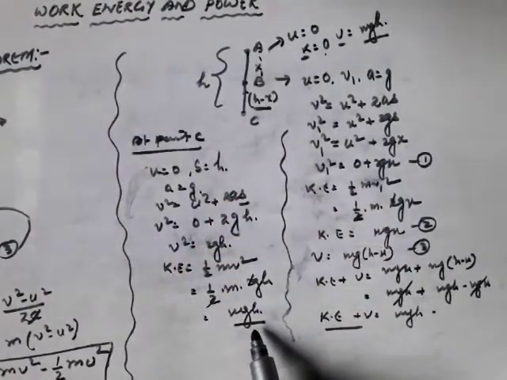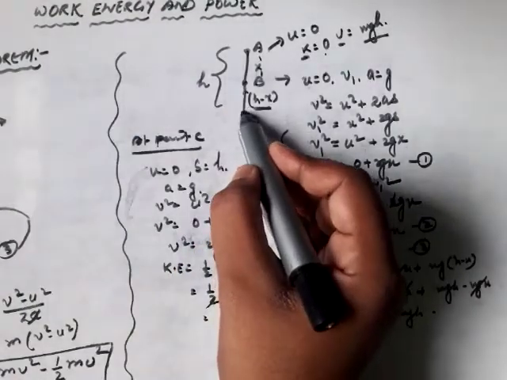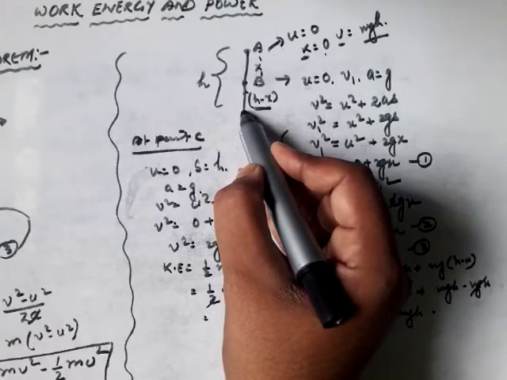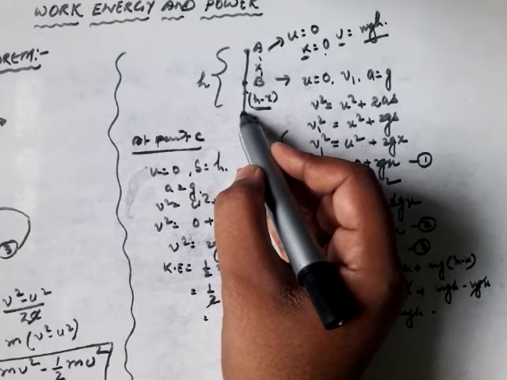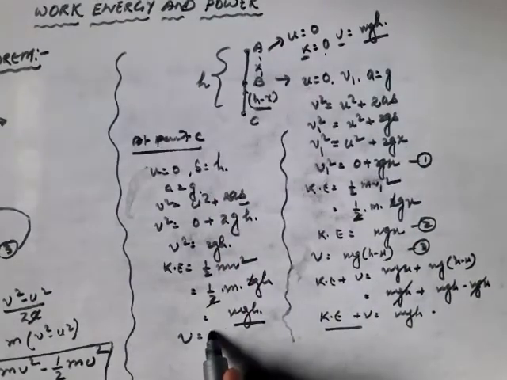And what about the potential energy at point C? Potential energy will be 0, because there is no work done against gravity; the height is 0, so U equals 0.